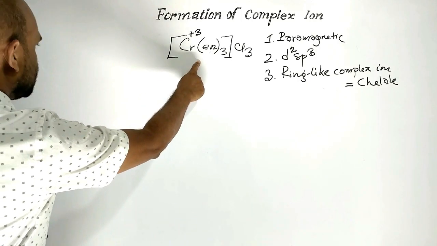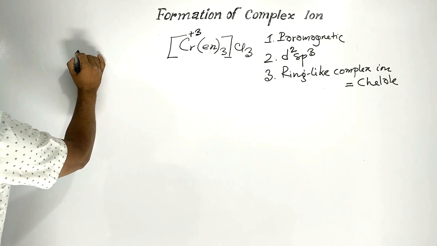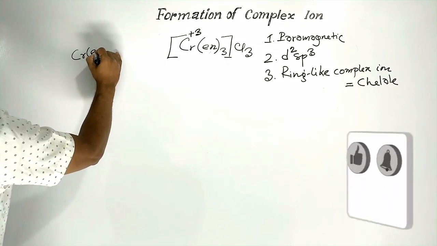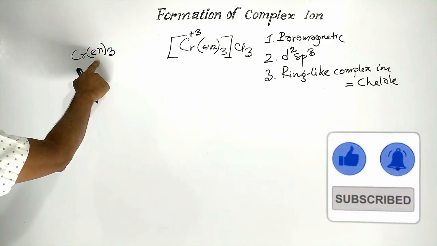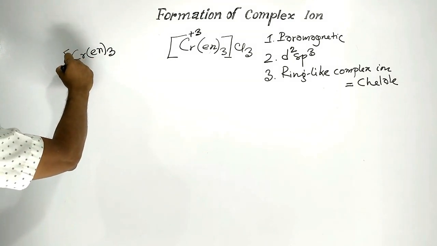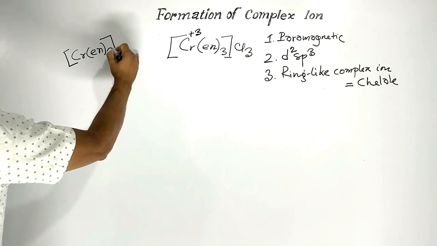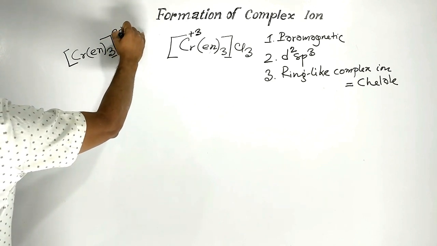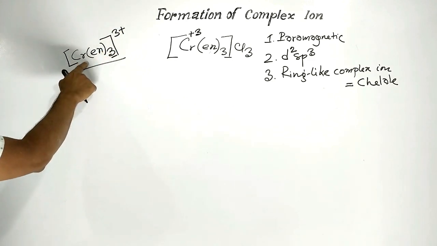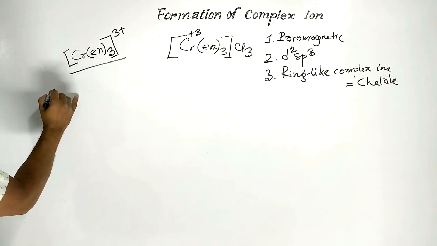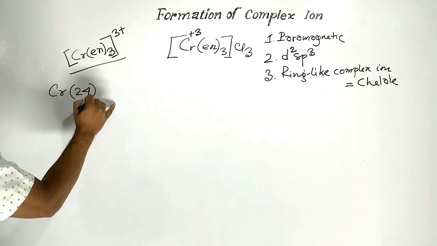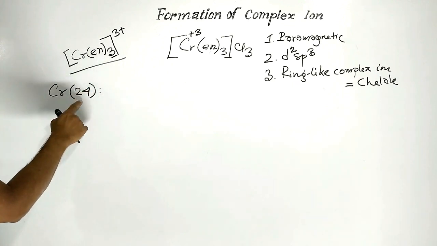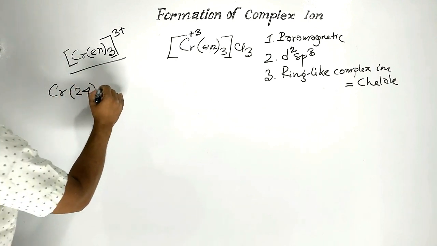This is the compound with complex ion: tris ethane 1,2-diamine chromium 3. This is the complex ion. Let us consider the electronic configuration of chromium. 24 is the atomic number of chromium.